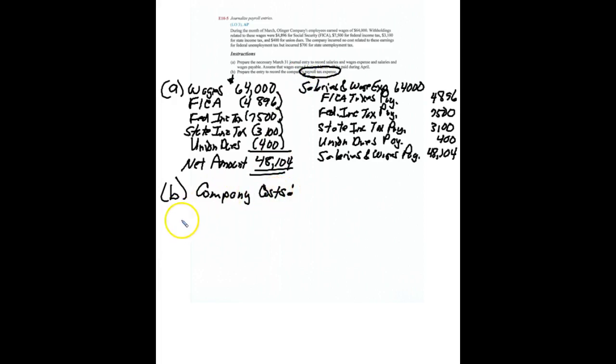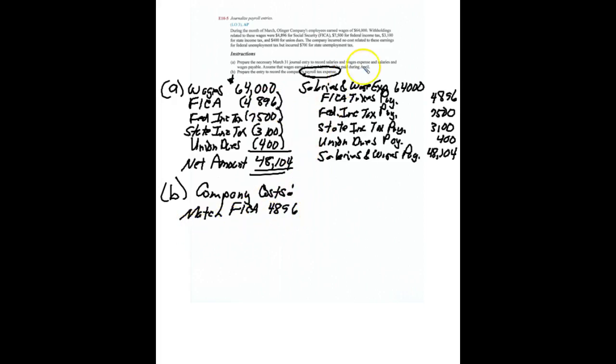First off, this Social Security, the FICA, the company has to match that dollar amount. So the employees are going to owe $4,896, and the company turns around and has to also pay $4,896. So the employees pay this, and the company also will match that and have to come up with cash for this.